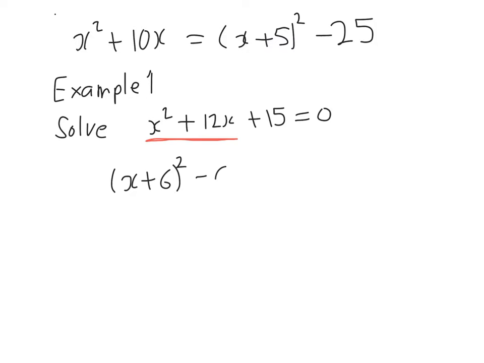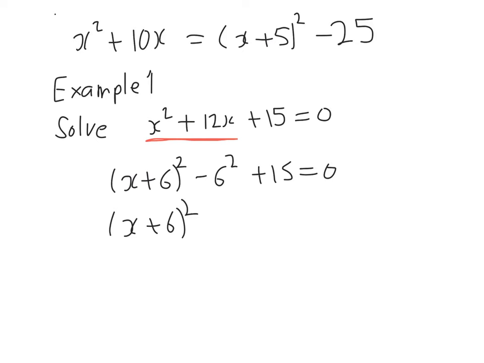So we've got to take away that 6 squared, which is added on from the bracket. And then at the end, we've got this bit here just to add on. So plus 15 equals 0. We could simplify that first of all. x plus 6 squared. And then we've got the minus 6 squared.